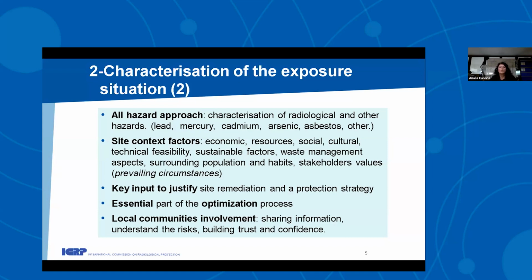Which are the waste management aspects? You will see waste management is an important factor in the remediation process. Which is the surrounding population? Is it a small population, a high population, is it near, is it far? What are their habits? And as I mentioned again, the stakeholder values, what is important for them.